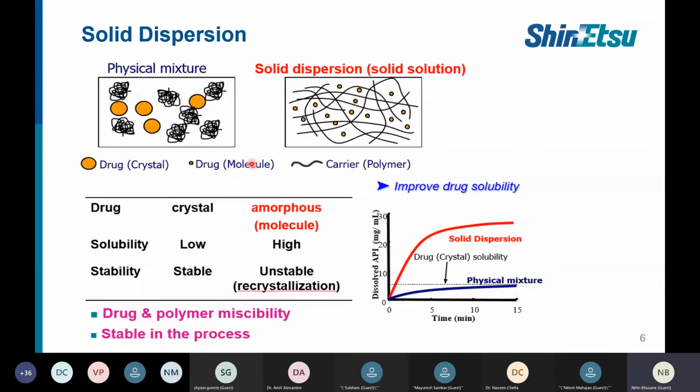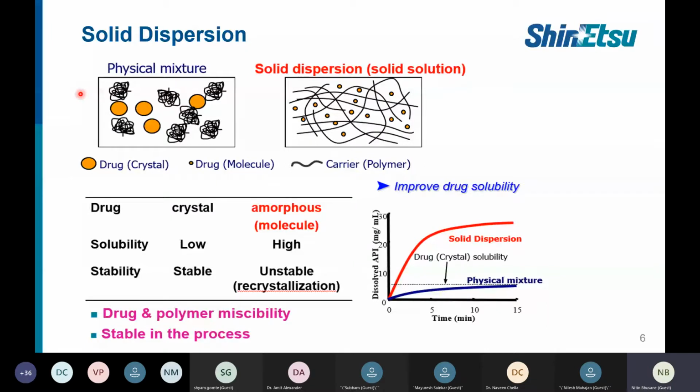You have already seen this slide. Maybe I guess you are all from the NIPER team, so you won't be confused between a physical mixture and a solid dispersion. Generally, if a drug is in a crystalline state, which is a very stable state but has low solubility, when you convert that crystalline state into an amorphous form, solubility generally increases.